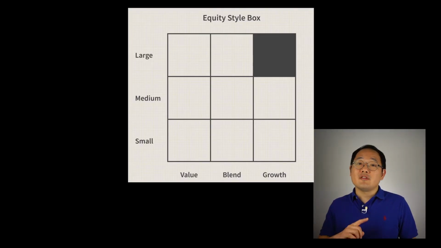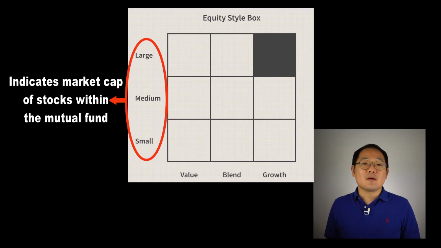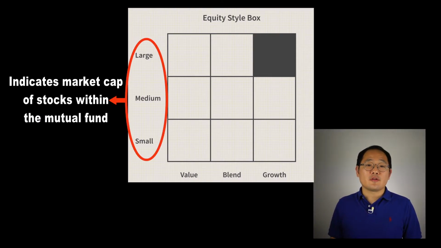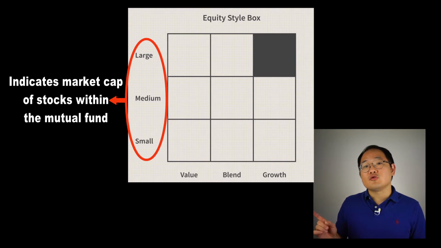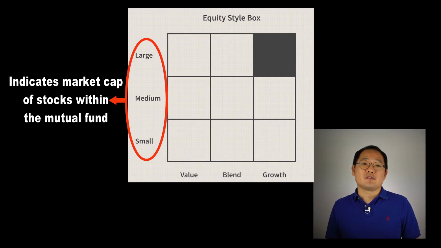So if you refer to this diagram, the vertical column shows the size of the companies the fund contains according to their market cap. Once again, small cap is between $300 million to $2 billion. Medium cap is $2 billion to $10 billion. And large cap is over $10 billion.